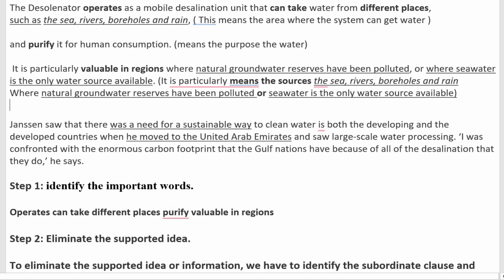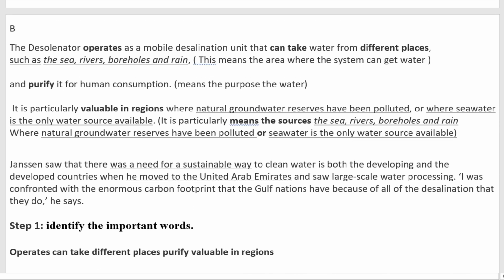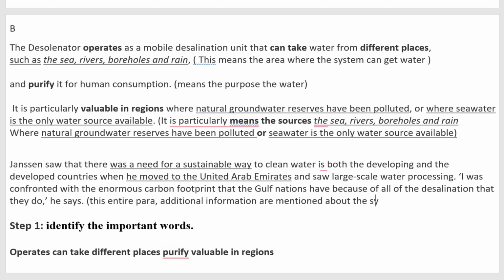Where natural groundwater reserves have been polluted or seawater is the only water source available. In this entire paragraph, additional information is mentioned about the system.